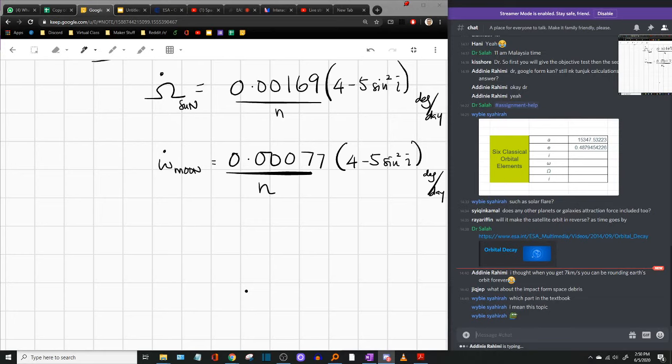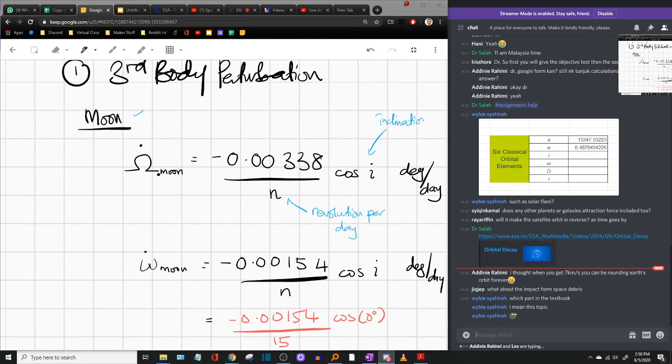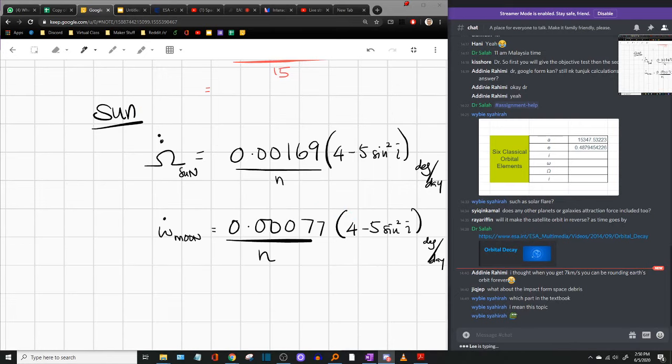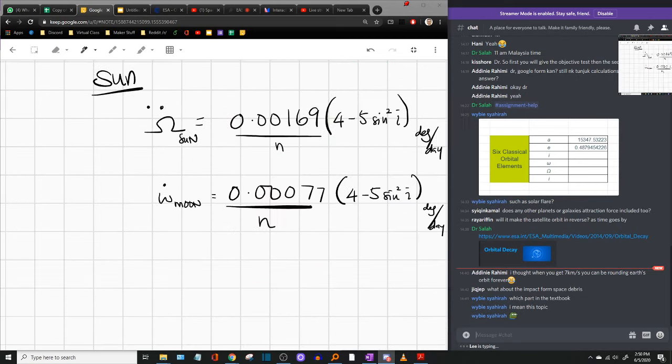So what I've given you here, these four formulas, are just to show you how much our moon and sun are changing our orbital elements, changing our right ascension of ascending node and also omega.